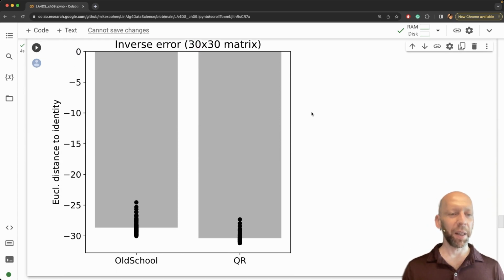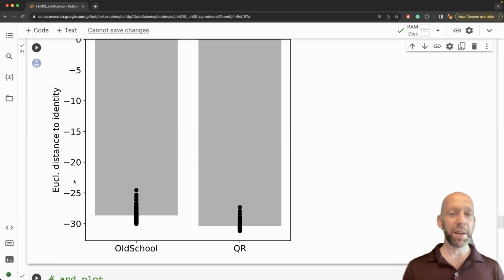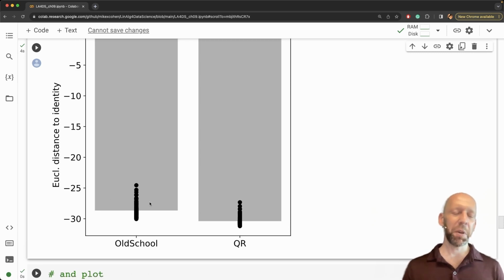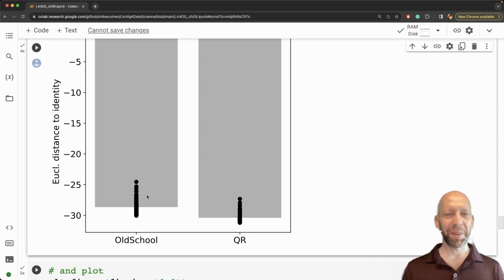Okay, so here you see the log. You can see these are now negative numbers because the log of a number less than 1 is negative. I don't know if this really helps the visualization or not, but maybe it is more clear now. You do see that all of the QR error values are smaller than for the traditional method.